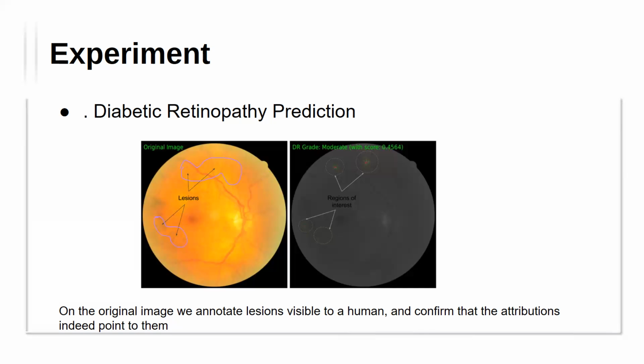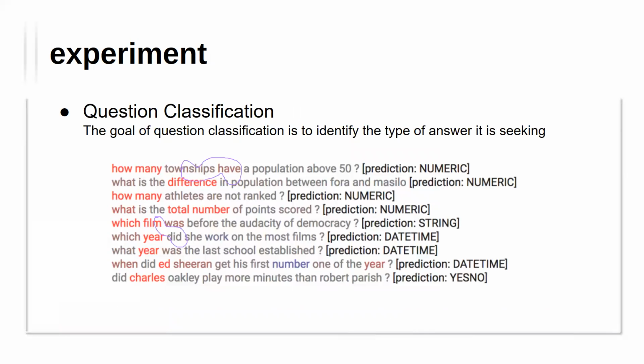And the third experiment is on question classification. The goal of question classification is to identify the type of the answer it is seeking. So here they highlight those words that have a higher integrated gradient value or higher attribution value.